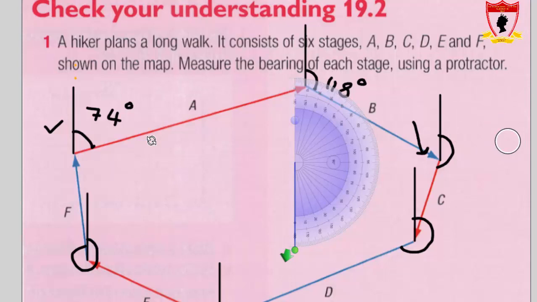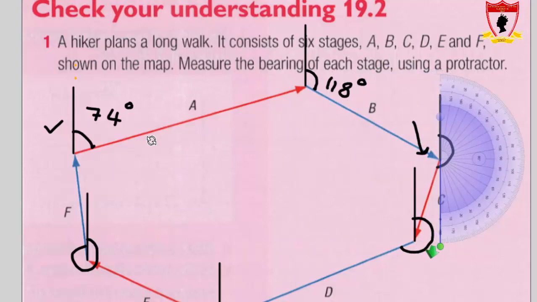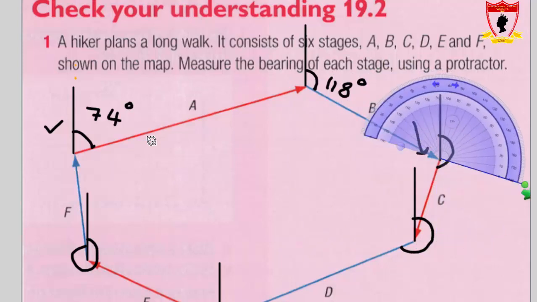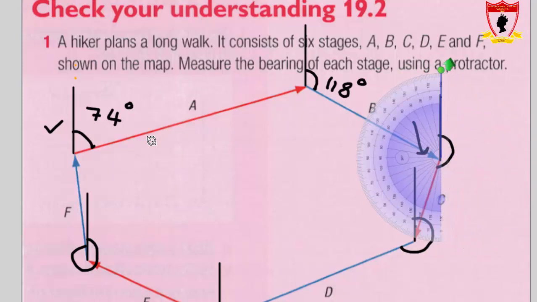This bearing here, since it's more than 180 degrees, I'm not going to measure it like this. I'm going to measure the way around, anti-clockwise. Then the result of anti-clockwise must be subtracted from 360 to get this bearing, because this side, which is anti-clockwise, with the bearing together, they complete 360.